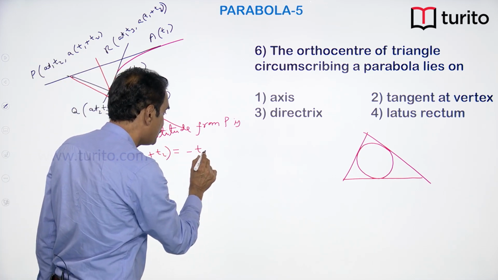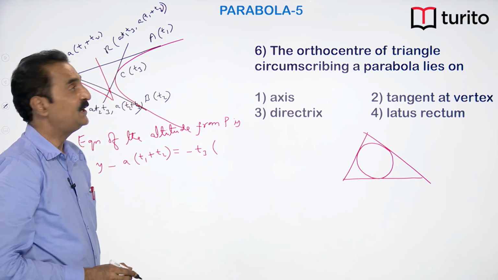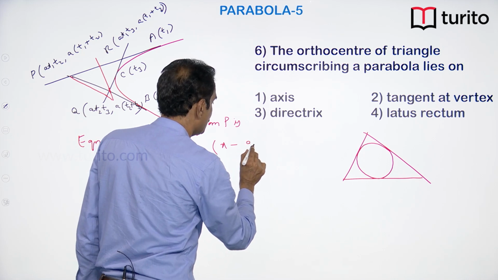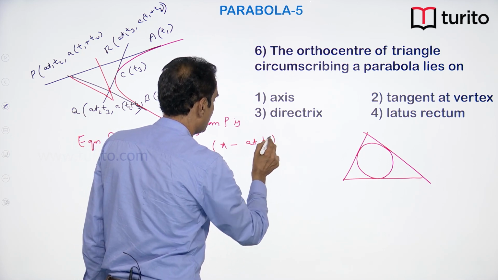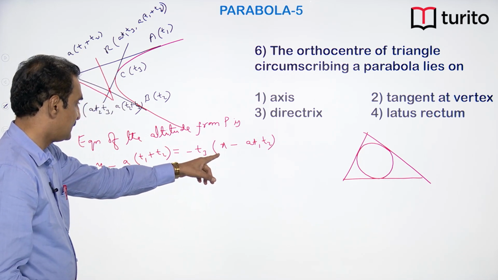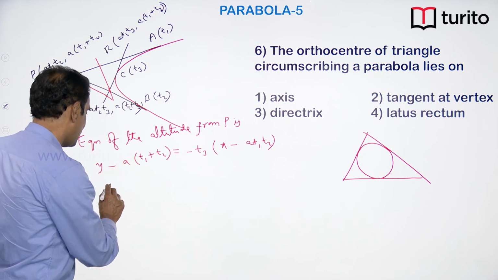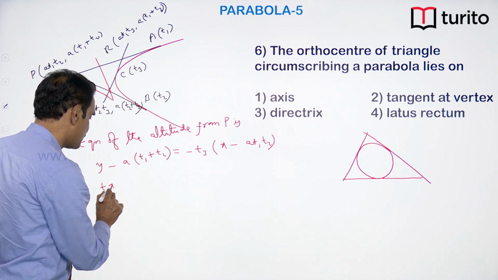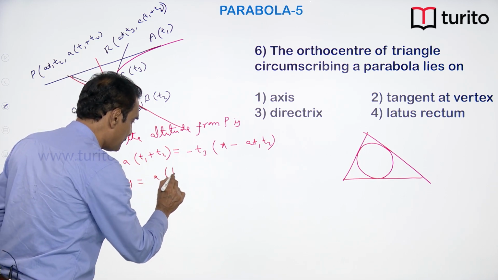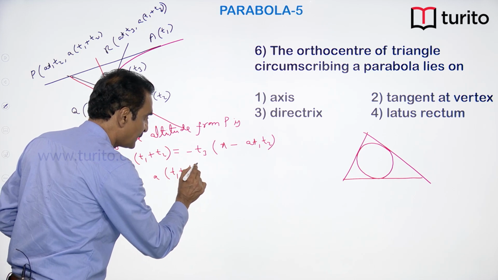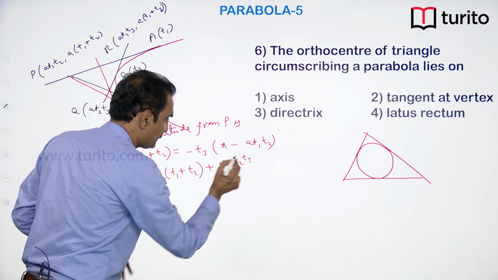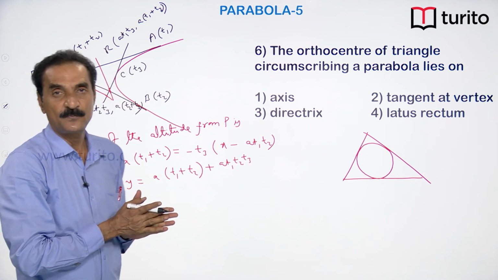Minus T3 into x minus a T1 T2. Okay, we can write this, taking the negative terms this side, as T3x plus y is equal to a into T1 plus T2 plus a T1 T2 T3. This is the equation of the altitude from P.